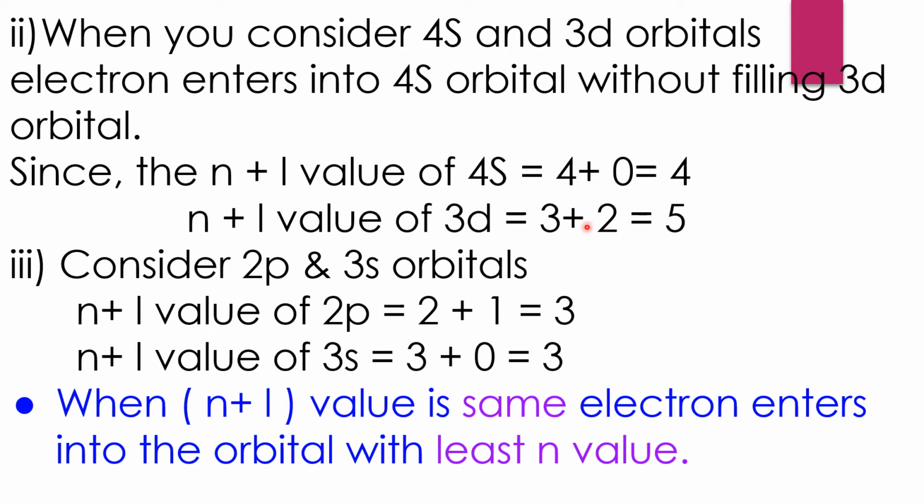So here 4s has lower energy than 3d. So the electron enters into the 4s orbital after filling 3p. Then after filling 4s, it enters into the 3d orbital. So remember that energy levels are filled whose n plus L value is least.